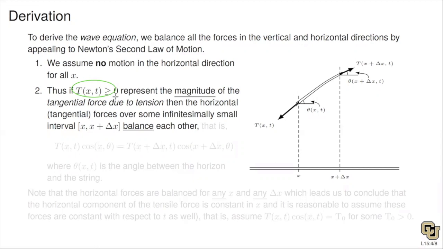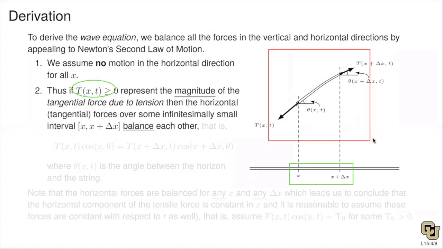So then for some small interval on the string, x to x plus delta x, we've plucked the string, and now it's vibrating up and down. I want to see what's going on with the force due to the tension.